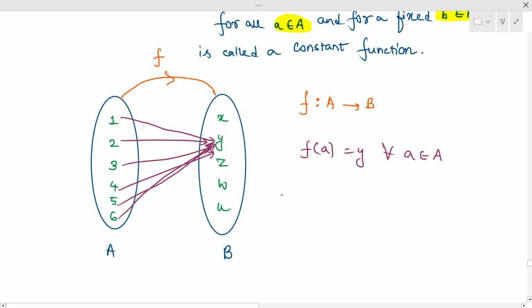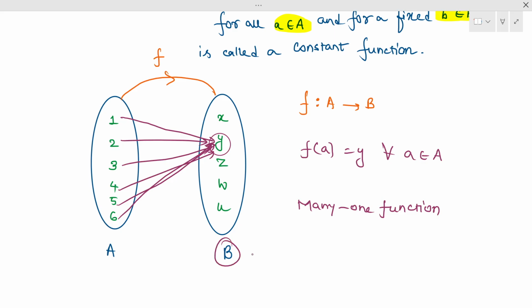So is this a 1-1 function? No, because every element in A does not have a unique image in B. So first thing, it is a many-one function. Is it an onto function? Check. What's the codomain? The codomain is the set B, but what will be the range? The range is just the set {y}.